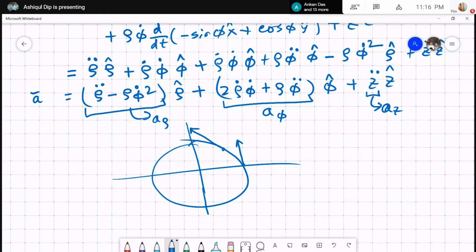Any question regarding this? Well, if we compare these equations with our TNB equations, we see that phi hat is in the direction of tangent. But from the other tools, the rho hat is in the opposite direction of n.